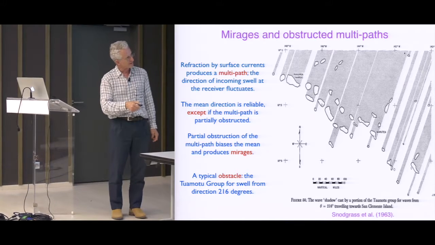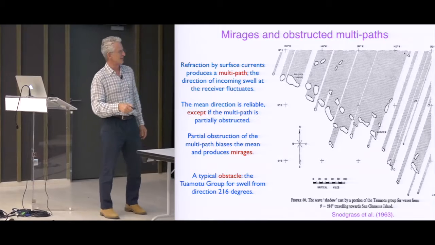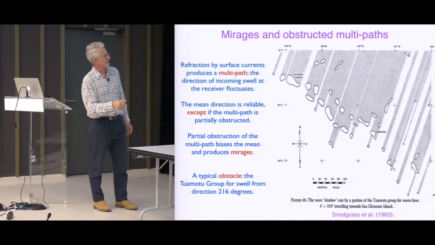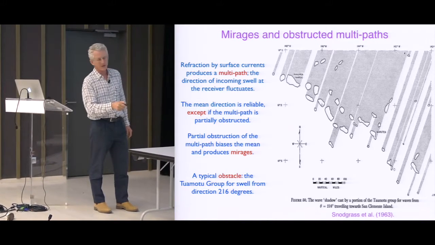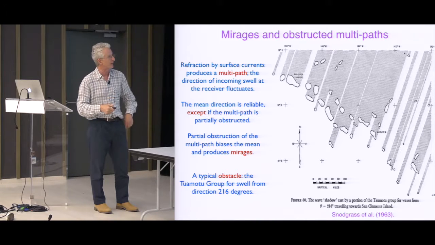First of all, can we work out the scale? The typical scale of an island here is maybe about 40 kilometers, so they're substantially larger than most of the waves, which is why they're ignoring diffractive effects as the waves propagate around them.